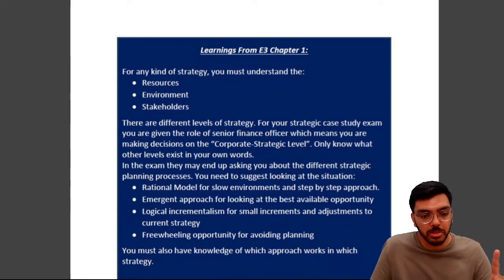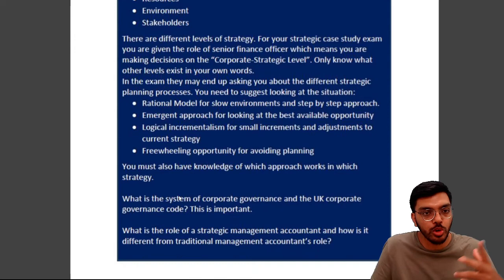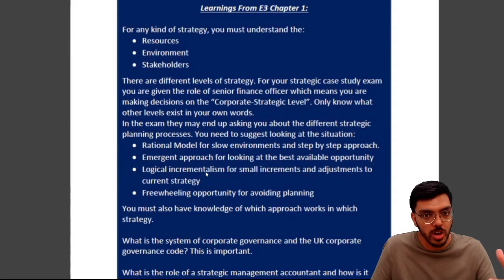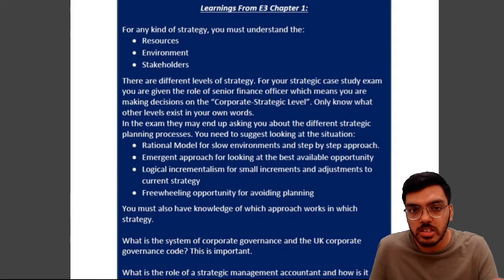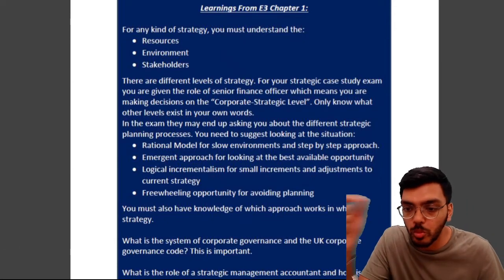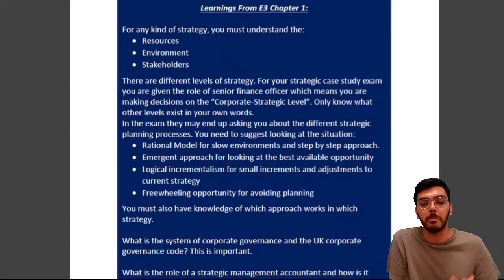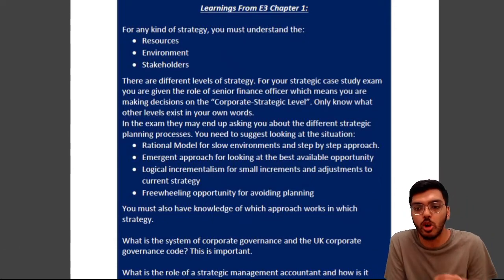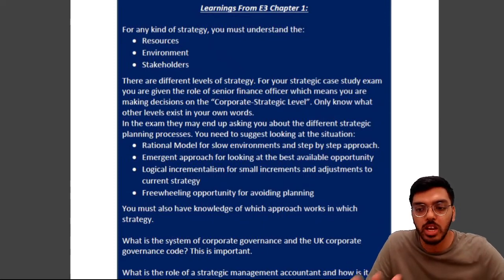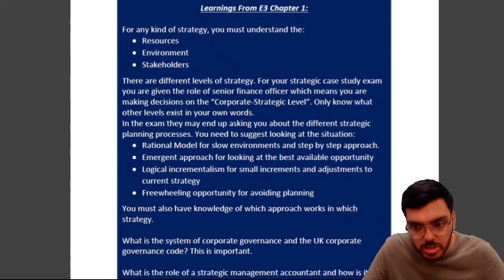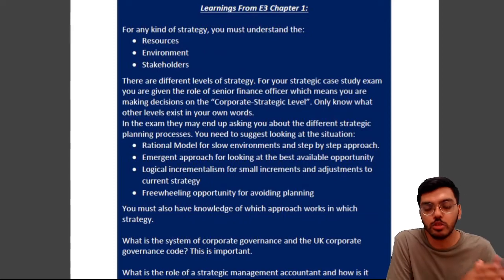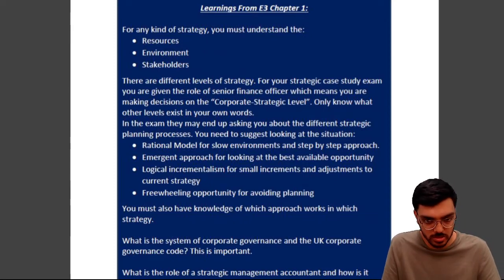And for chapter number 1, there are only 4 to 5 learnings as you see over here. If you can remember and recall these learnings in your own words, chapter number 1 is done, is finished. You don't have to look anywhere else.